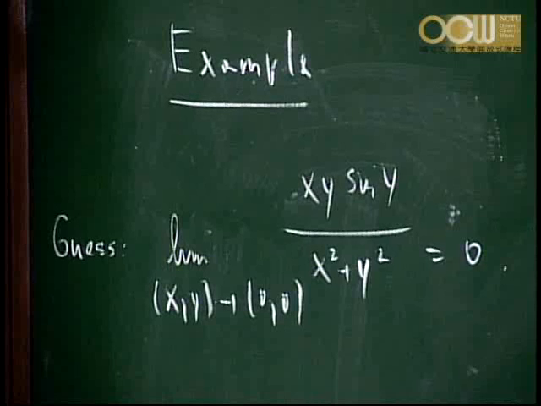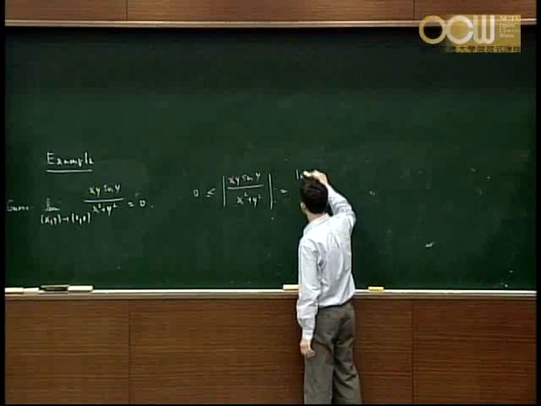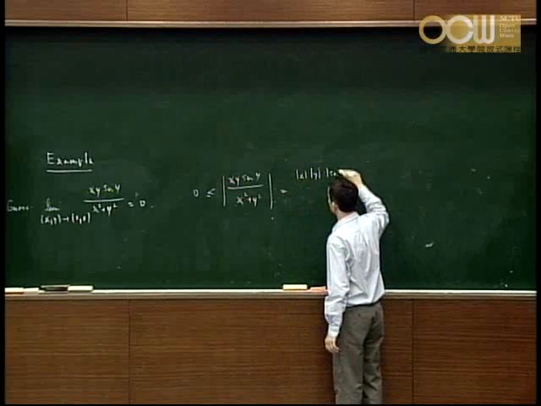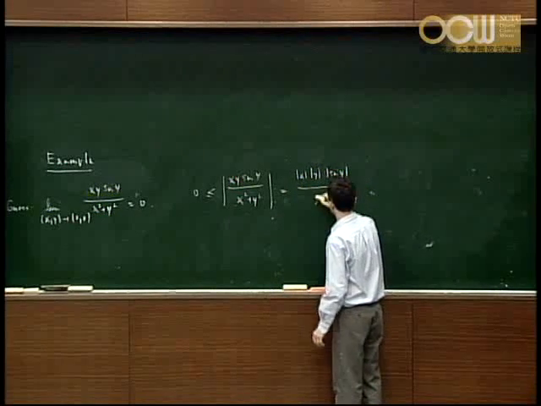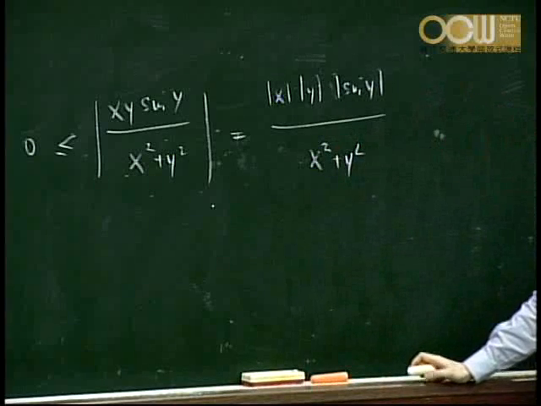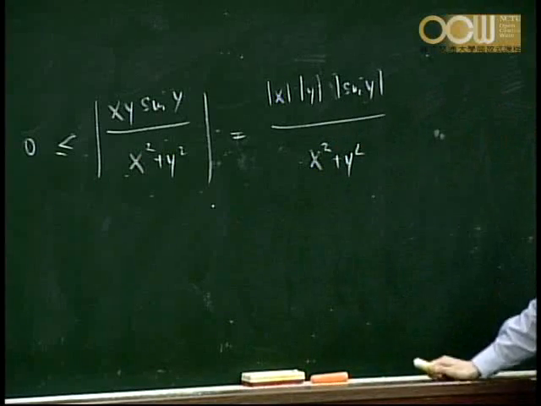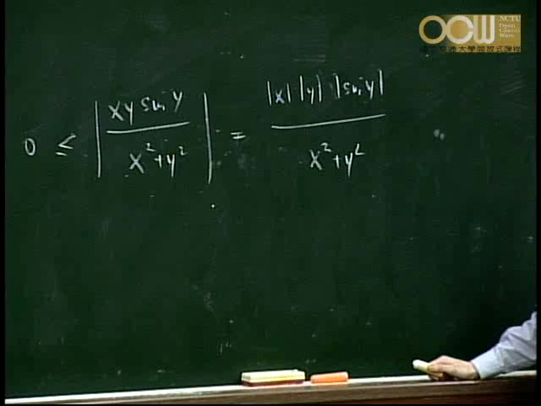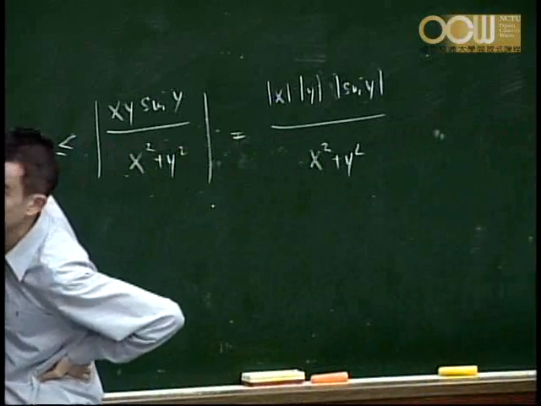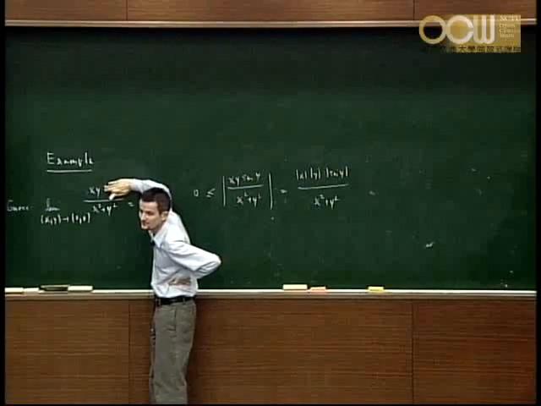So this is equal to the absolute value of x times the absolute value of y times the absolute value of sine of y over x squared plus y squared. You could say this one is smaller or equal than 1. This is one way you could do it, but this is useless because we saw that for the function without this factor, the limit does not exist.